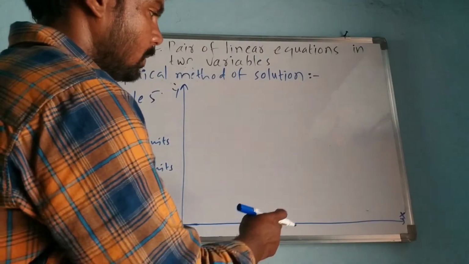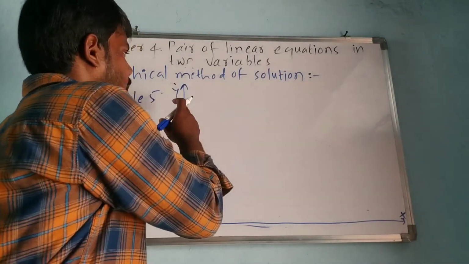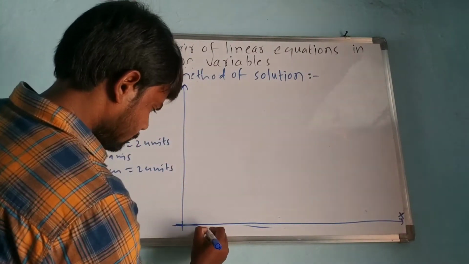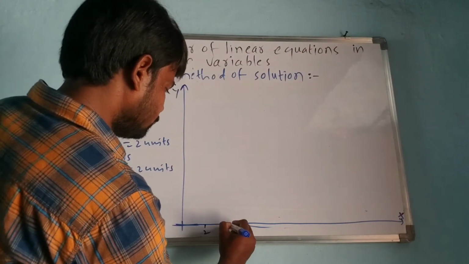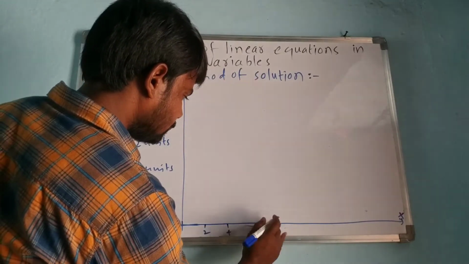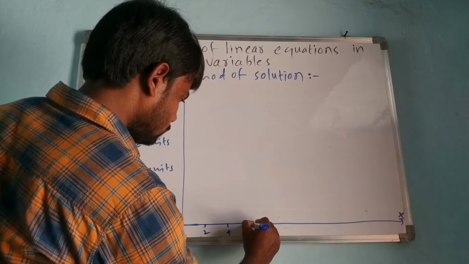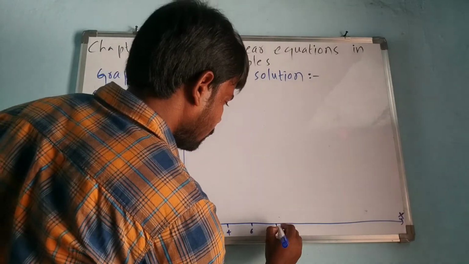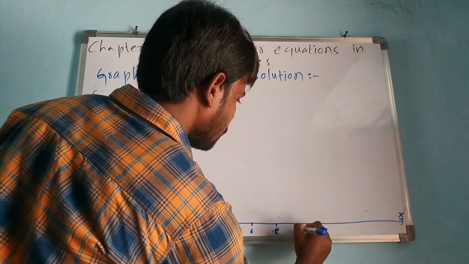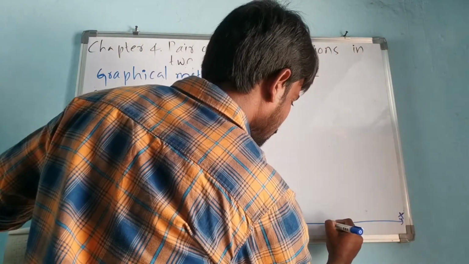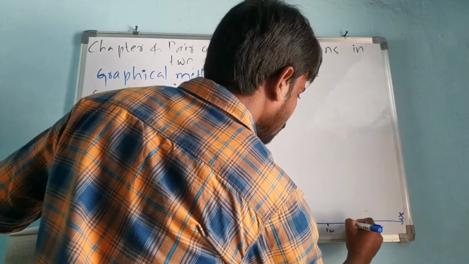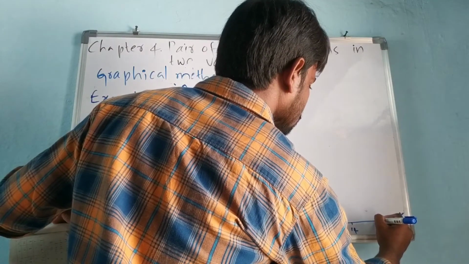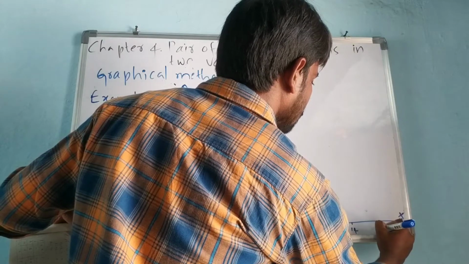So taking the measures of length on the x-axis and taking the measures of breadth on the y-axis. So here 2, 4, 6, 8, 10, 12, 14 and 16.